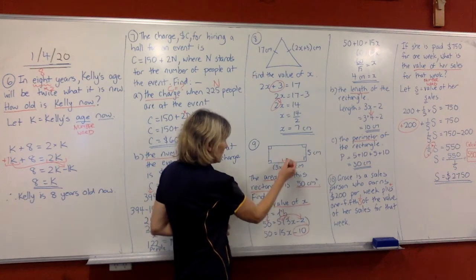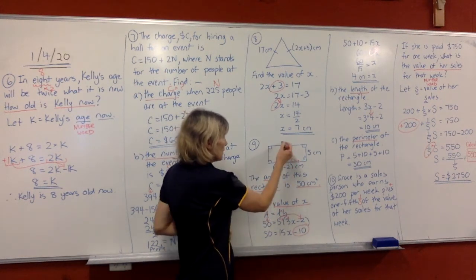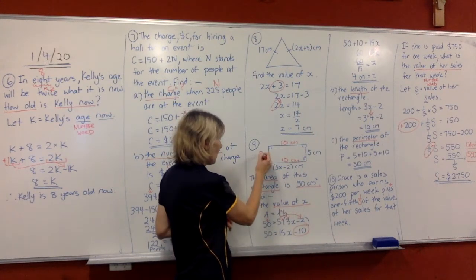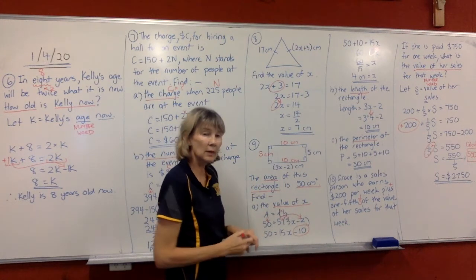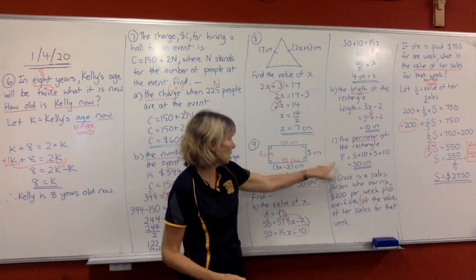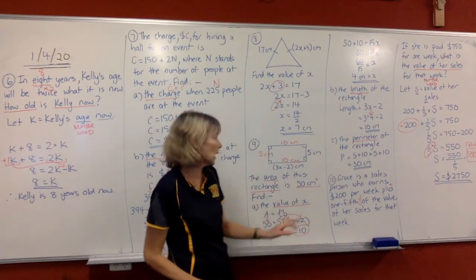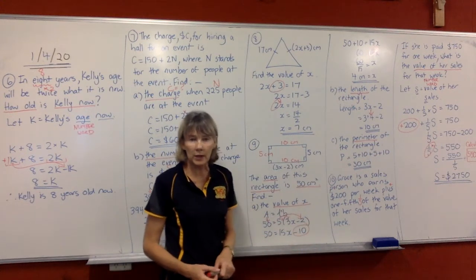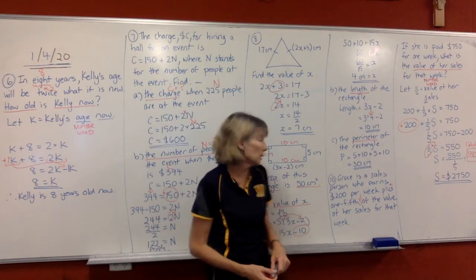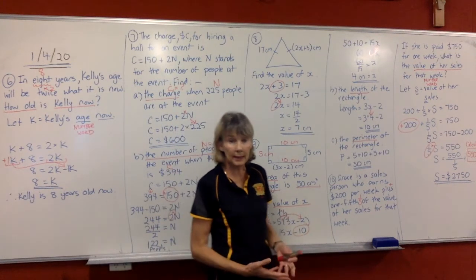Well, if we know that this is 10, and you know that the opposite side is 10, and you know that the opposite side of this is 5, to get the perimeter, you're just adding up all the sides of the shape. Okay, so we're adding 5 plus 10 plus 5 plus 10, any order you like, and you get a perimeter of 30 centimetres.